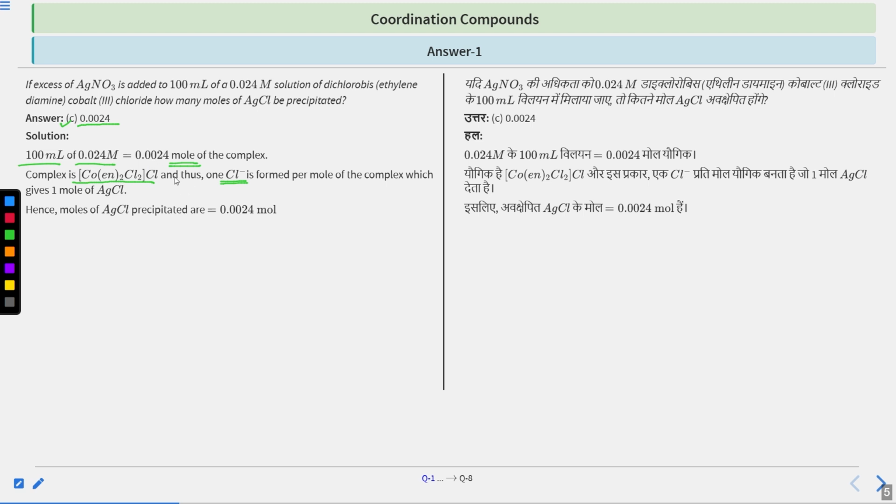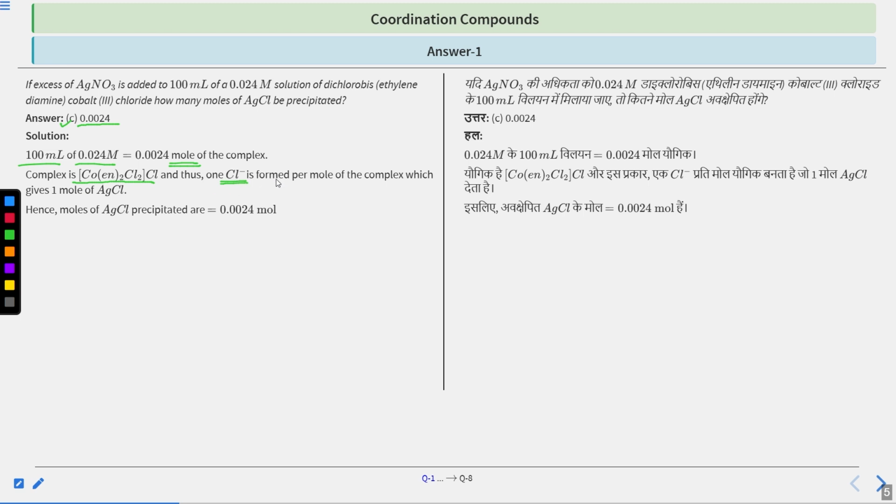So if you dissociate this complex, only this one chloride will dissociate as an ion, and the whole complex inside the square bracket will remain as it is, and a plus one charge will come on this square bracket, right?